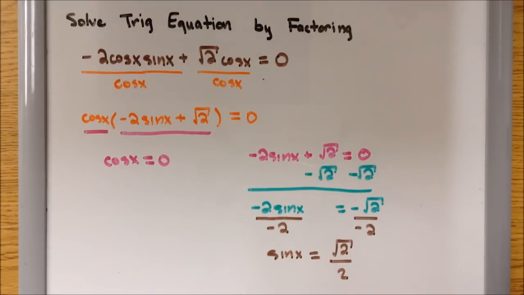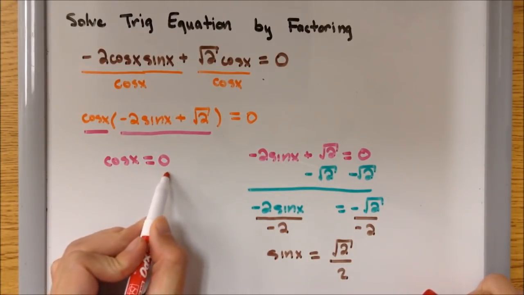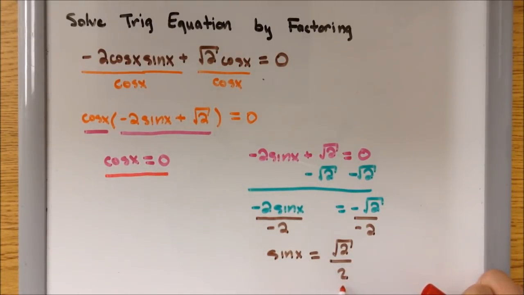Alright, so we're going to work with this part and that part. I'm going to underline in red which one we're going to work with in order to get our final answers. So cosine of x equal to 0, meaning at what angle x does cosine equal 0.